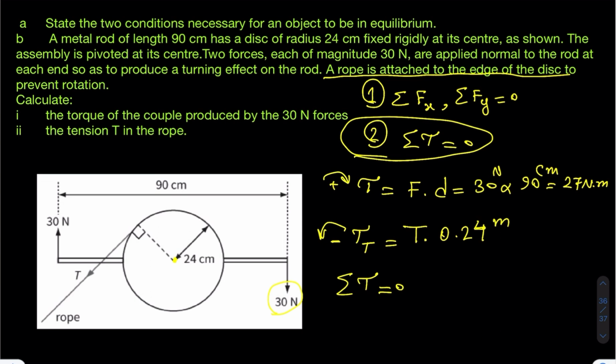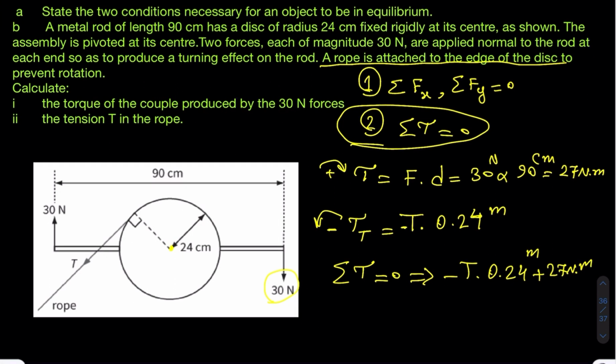Therefore this was negative, I forgot to write the negative, T times 0.24. So it will be equal to negative T times 0.24 meters plus 27 Newton meters, right? This must be equal to 0.